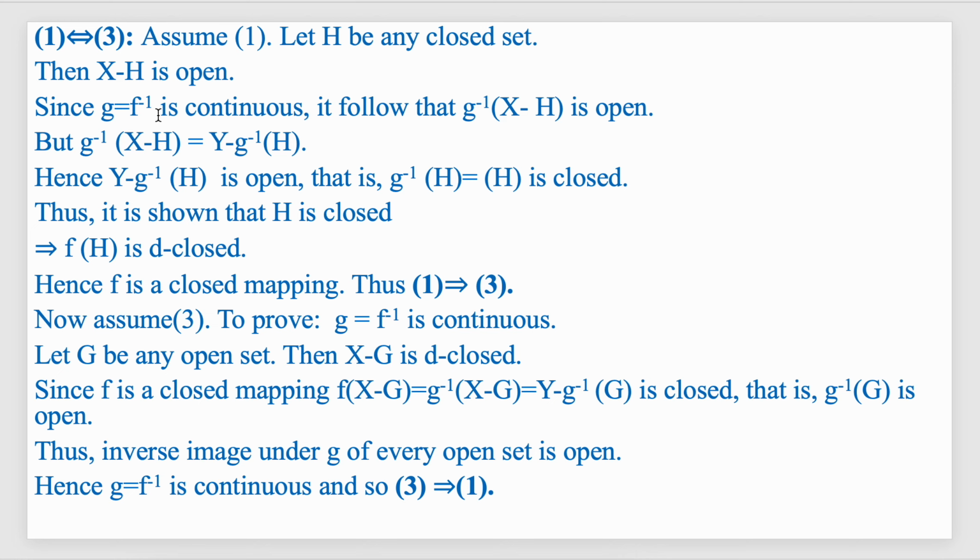Since g equal to f inverse is continuous, because f is a homeomorphism, it means g inverse of X minus H is open, because the inverse image of an open set is open under a continuous mapping. It means g inverse of X minus H is equal to Y minus g inverse of H. Hence Y minus g inverse of H is open. It means g inverse of H is closed.